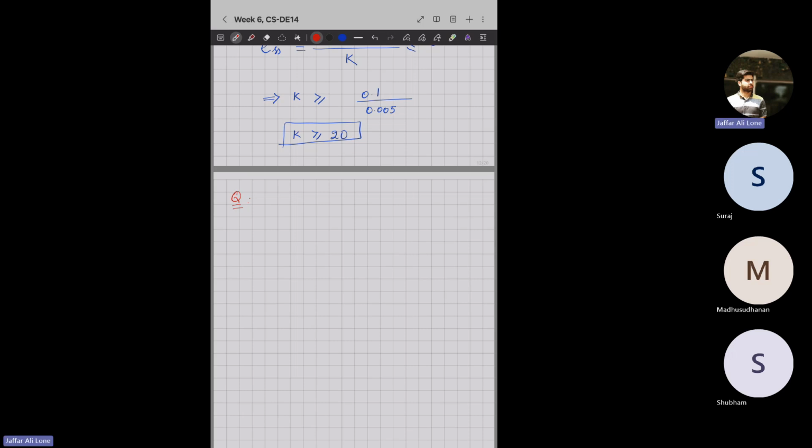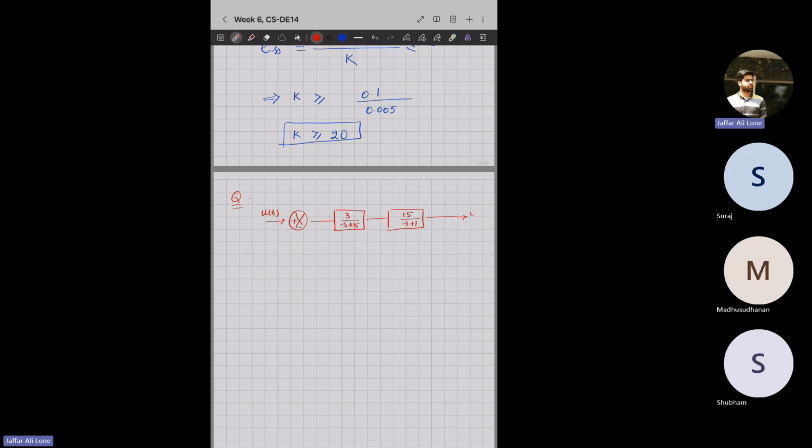I'm giving you a block diagram. I'm giving you a unit input. Basically, there is a controller, 3 divided by S plus 15, and your system is 15 divided by S plus 1.